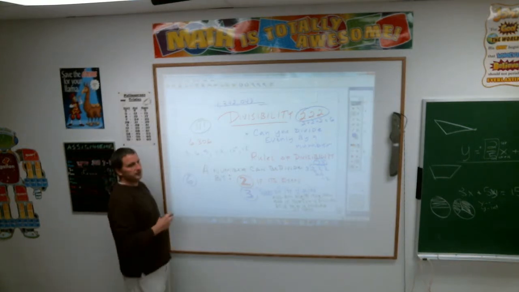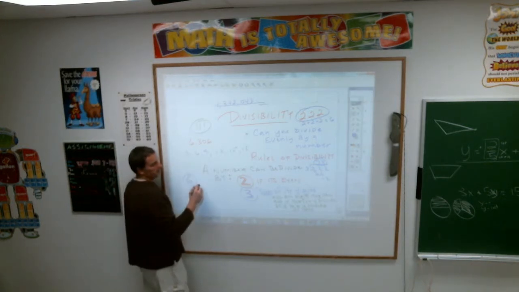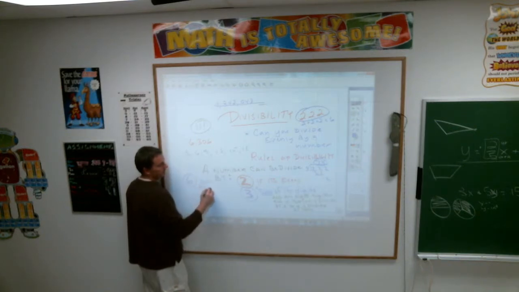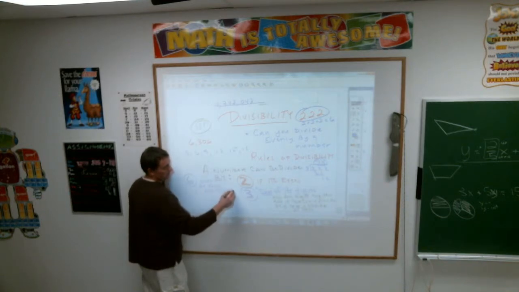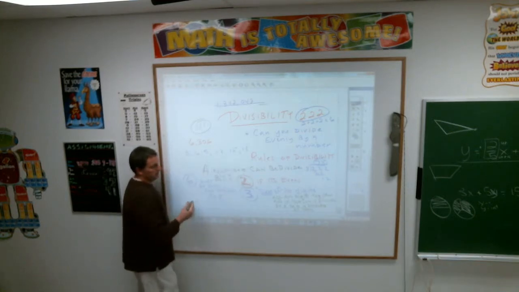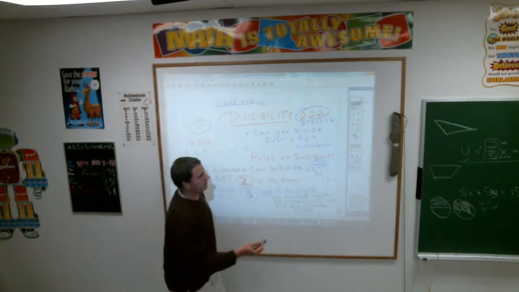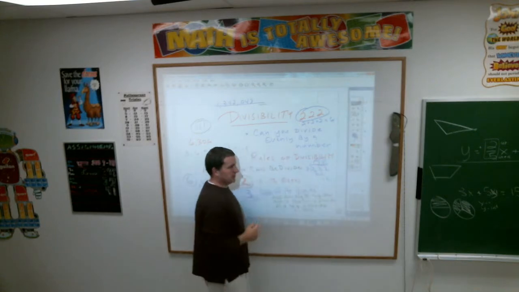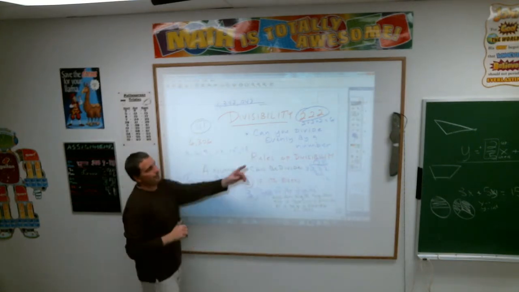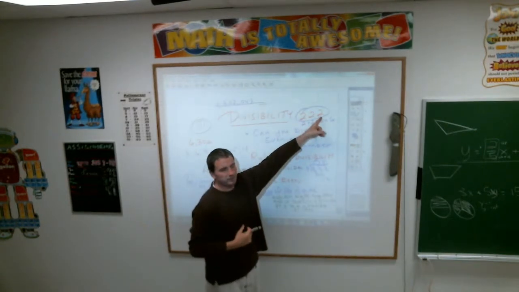Okay, for a number to be divisible by 6, it must be even and divisible by 3. Okay, it must be even and divisible by 3. For 6 to go into a number, it needs to be even and divisible by 3.